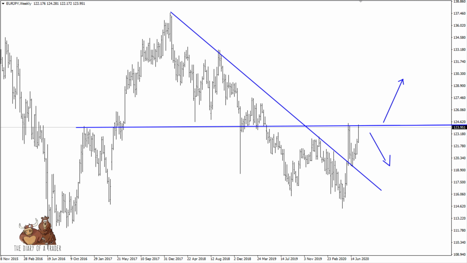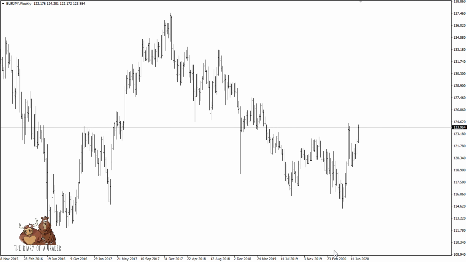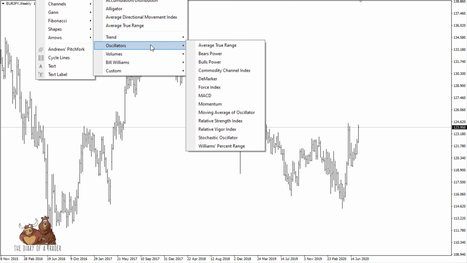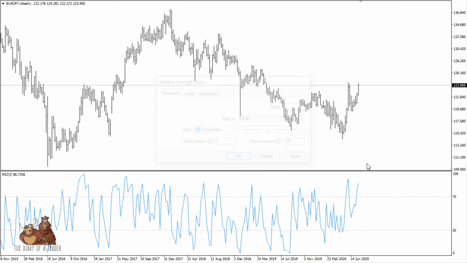Now, people will use indicators on top of something like this to get an idea of what's going on. So let's go ahead and put up the RSI. Now, the Relative Strength Index can give you an idea of when a market is overbought or oversold. And in this case, it's above the 70, so it's overbought.